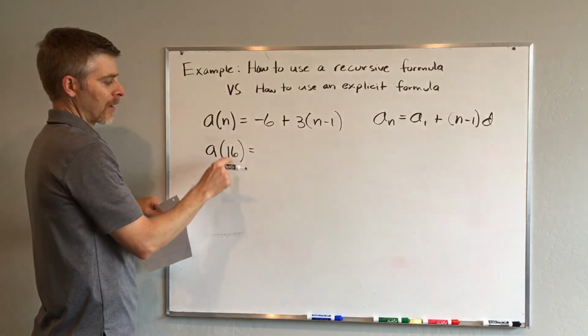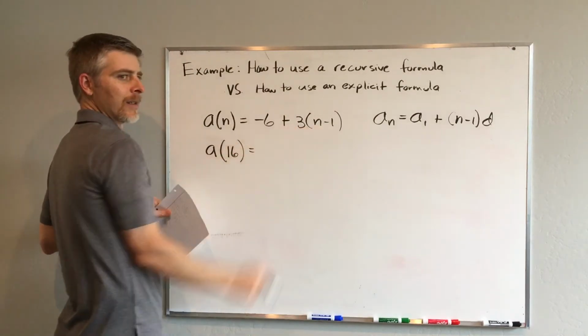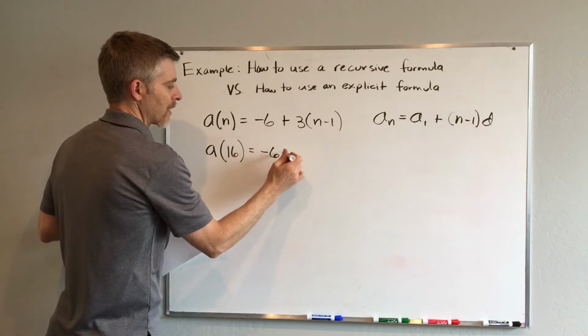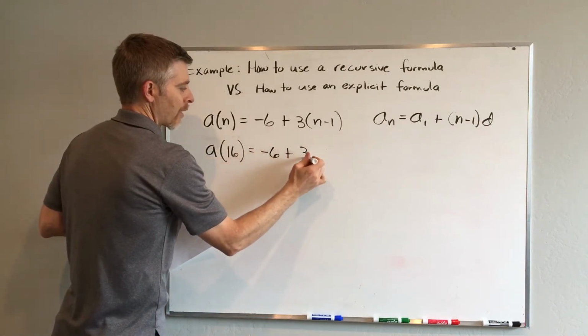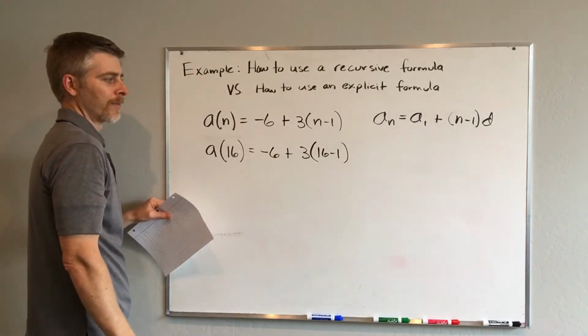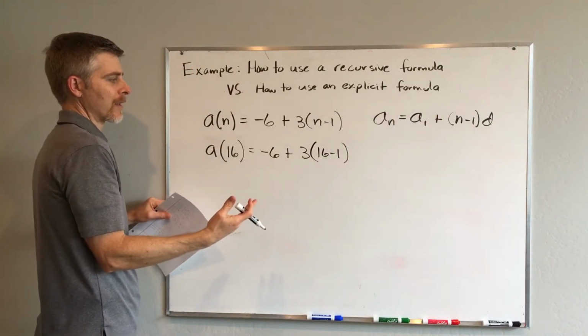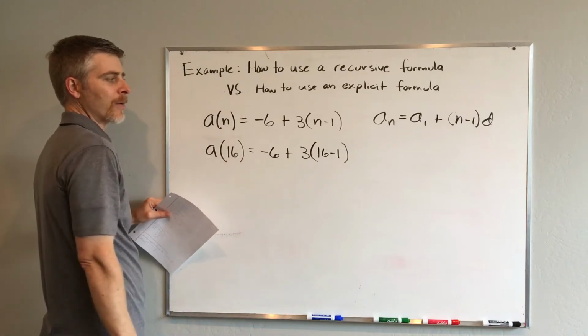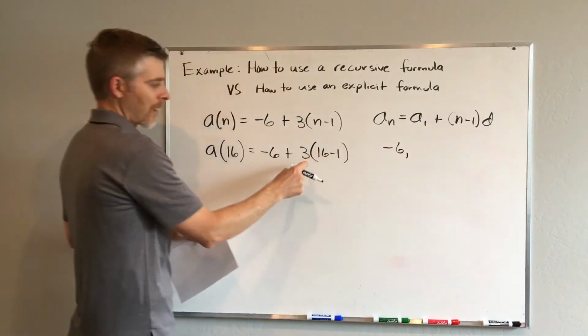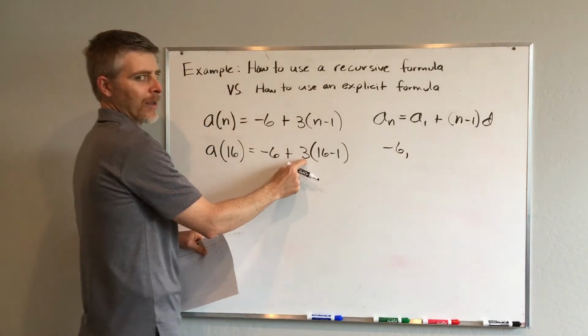All we have to do then is plug 16 into the letter n. So the answer would be negative 6 plus 3 times 16 minus 1. Remember how the formula works: whatever this sequence is, it starts with negative 6, and then the common difference is 3, so we're adding 3 each time.